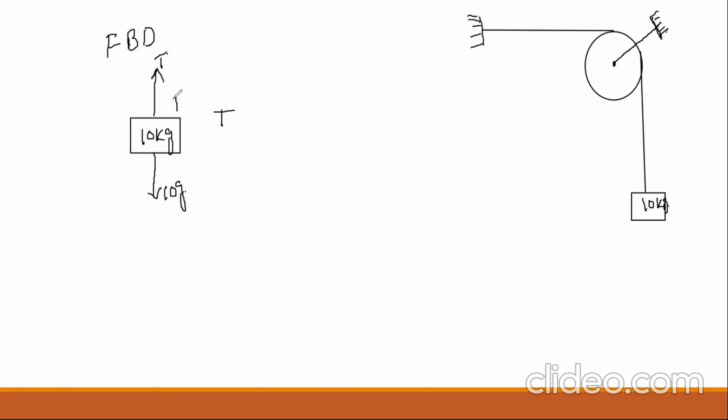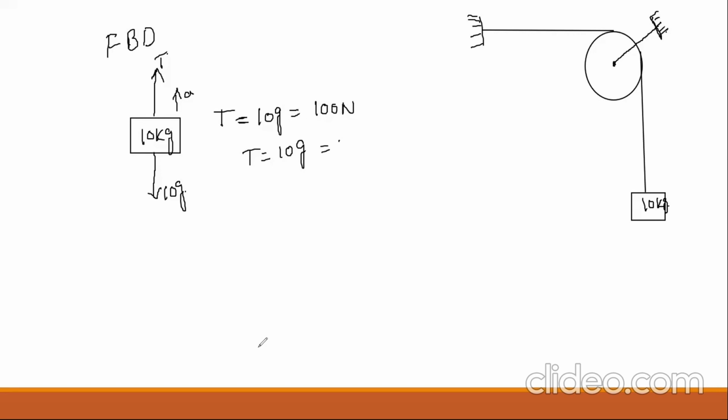T minus 10g is equal to zero, so T is equal to 10g, which is equal to 100 newtons. Okay, you can take it like this.